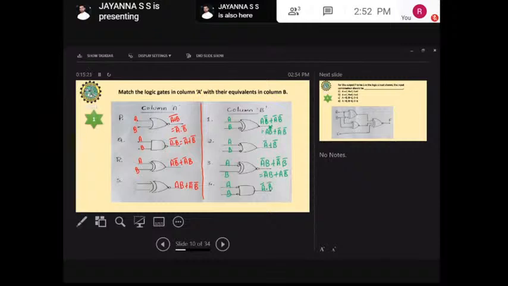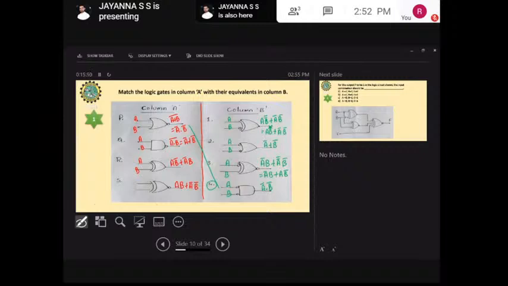Next, I'm going to try the mapping of this one. You can see that this combination P is equal to 4, right?